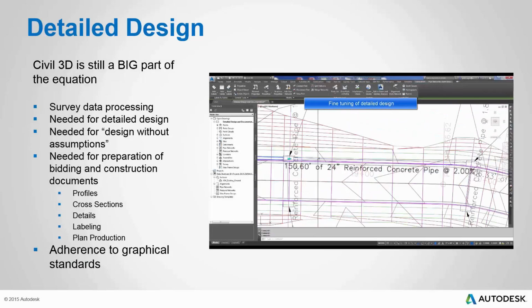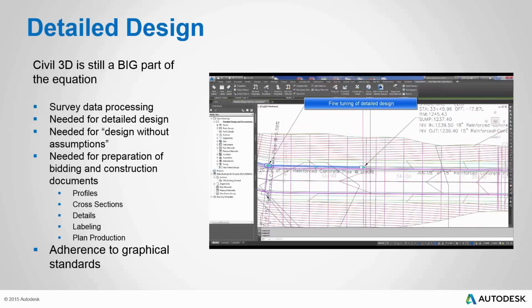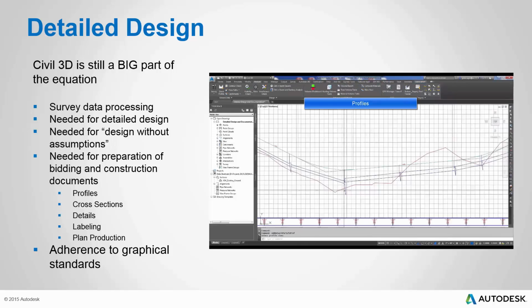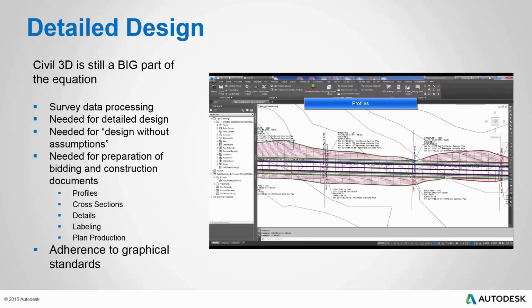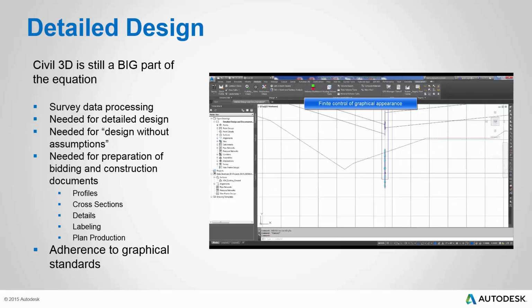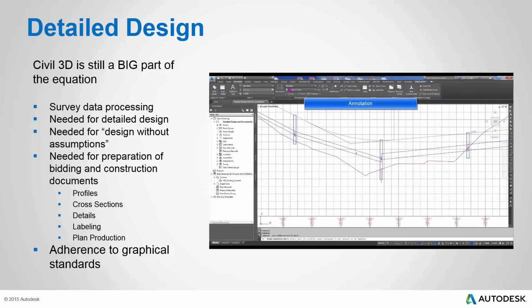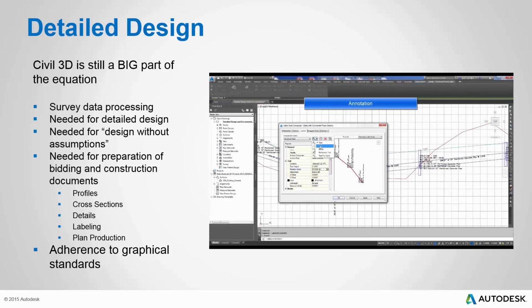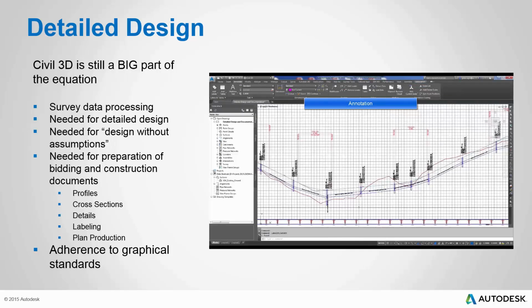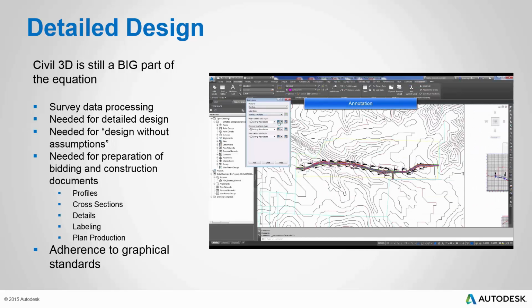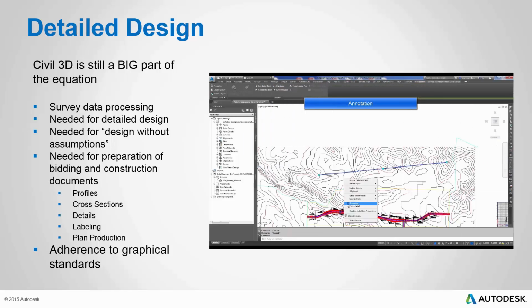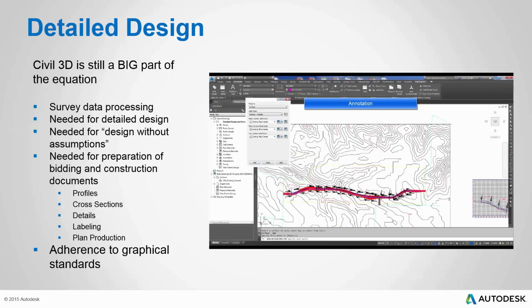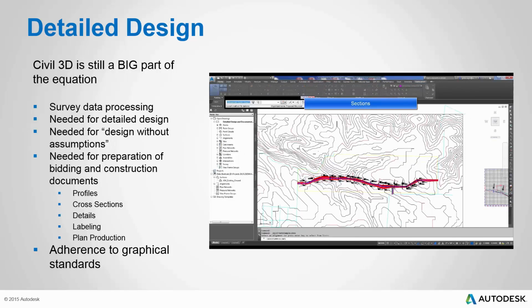And let's not forget the topic of detailed design. We've been talking a lot about InfraWorks 360 in this presentation, mostly because we know that you already know how big a part of the equation Civil 3D is. We know that without it you couldn't do survey data processing or many aspects of detailed design. And we know how important it is to you for preparing bidding and construction documents. And without profiles, cross-sections, labeling, and plan production, you couldn't do the work that you need to do.